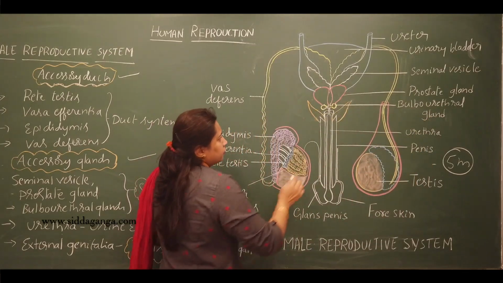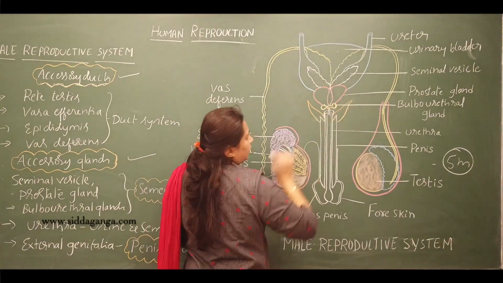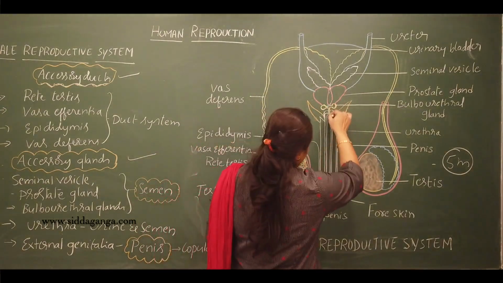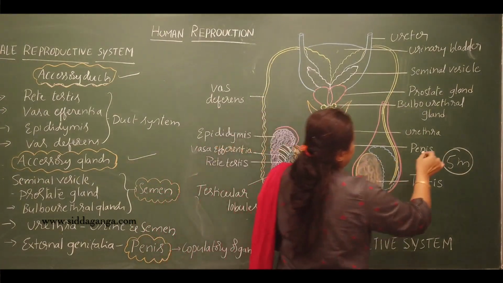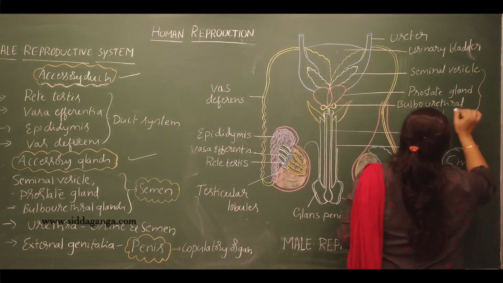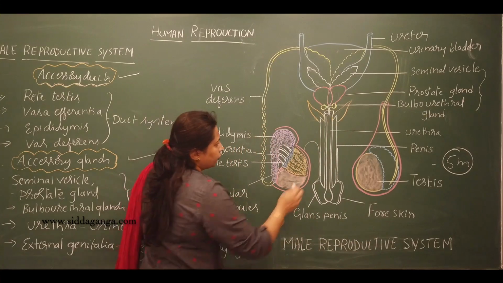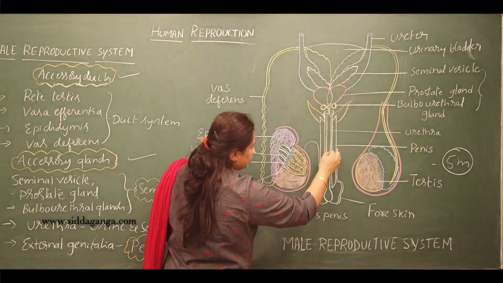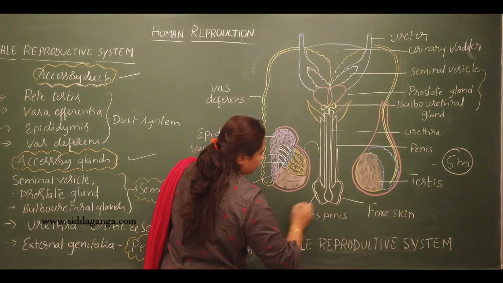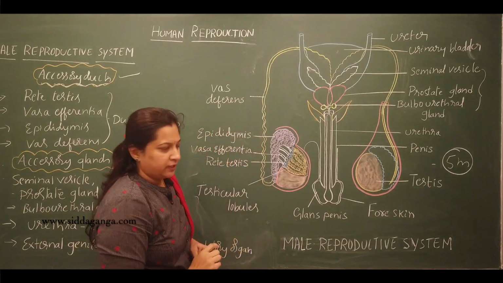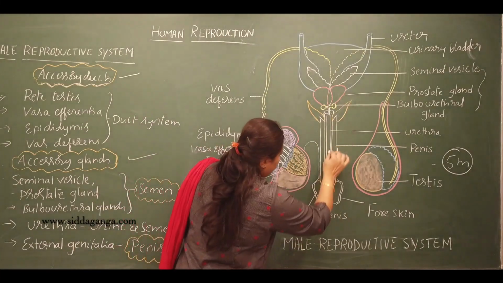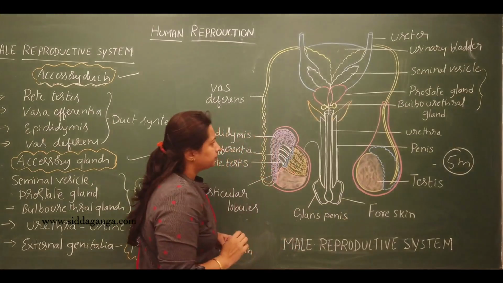All the ducts of the accessory glands open into the urethra. The secretion of all the three accessory glands is called what? The semen. The urethra passes through the penis and opens to the outside through the urethral meatus.